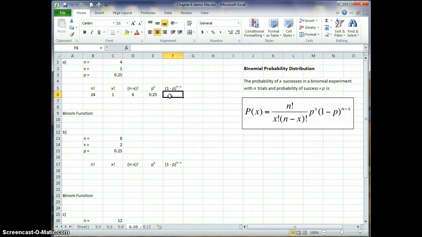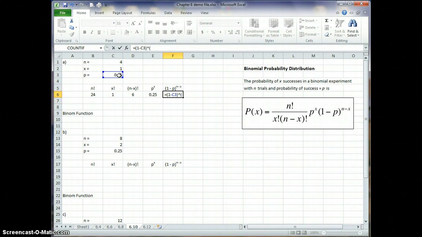The probability of failure, in this case success is a car needing oil. The probability of failure is going to equal 1 minus P, close parenthesis, and then we're going to take this to the power of n minus x.